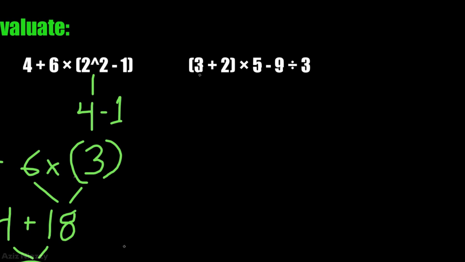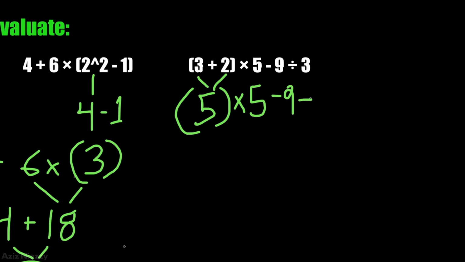So first thing we're going to do is inside the parentheses, so 3 plus 2 is 5, and let's put parentheses around it, and times 5 minus 9 divided by 3. 5 times 5 is 25, minus 9 divided by 3.